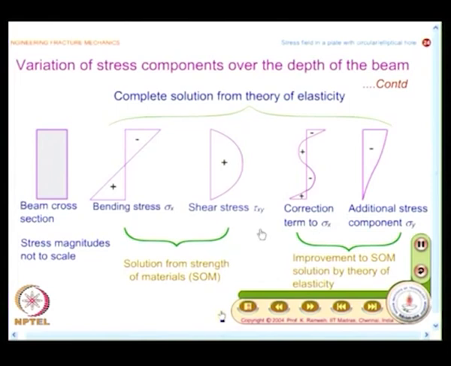Another aspect you can keep in mind: I said you have been able to solve comfortably a problem of distributed load on the beam, because I could specify the boundary conditions easily, and my stress function was also very simple.